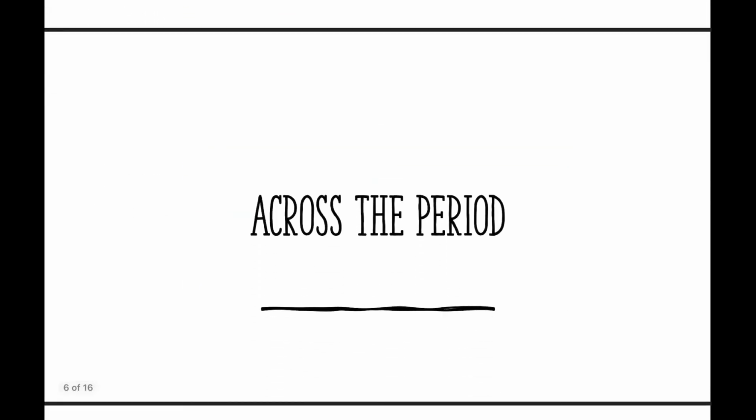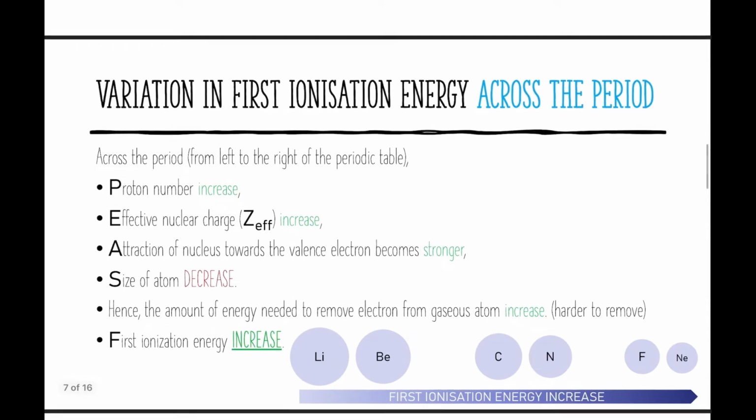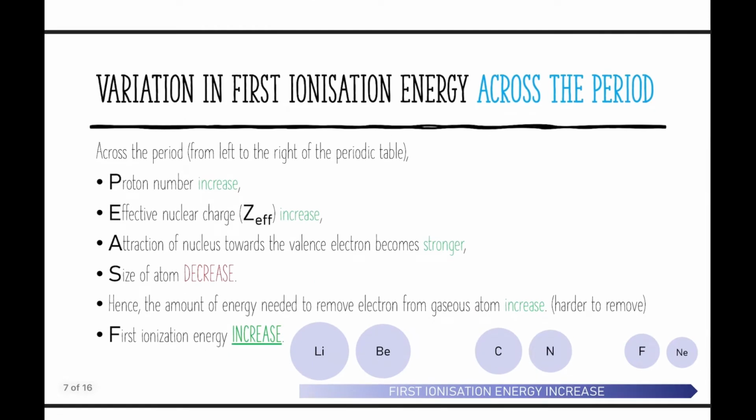Across the period, the variation in first ionization energy depends on the proton number and effective nuclear charge. Across the period from left to right of the periodic table, proton number increases, thus increasing the nuclear charge of the atom, as well as the attraction of the nucleus towards the valence electrons.